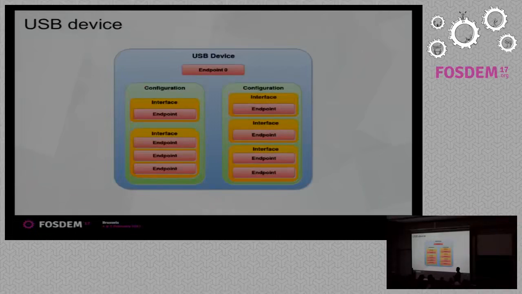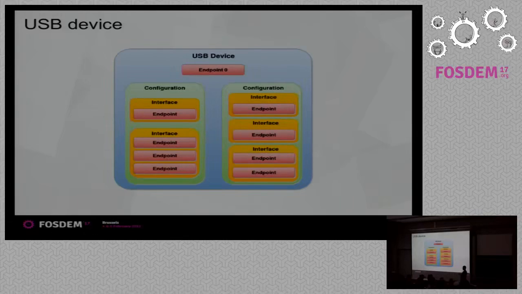Okay, so the USB device layout from the logical point of view. A device may have multiple endpoints. Endpoints are grouped into interfaces. An interface is a group of endpoints which is used to implement some well-defined, well-sandboxed functionality.